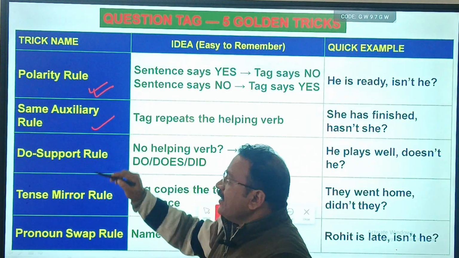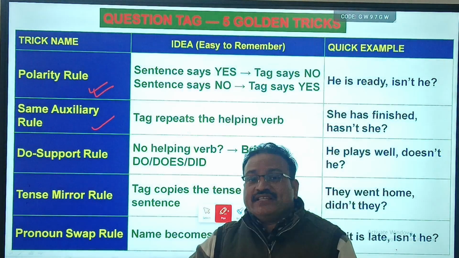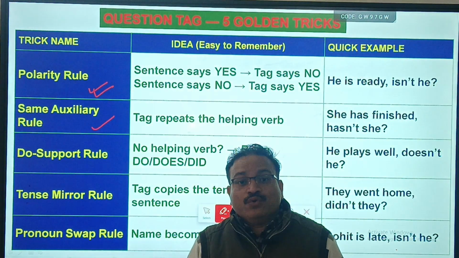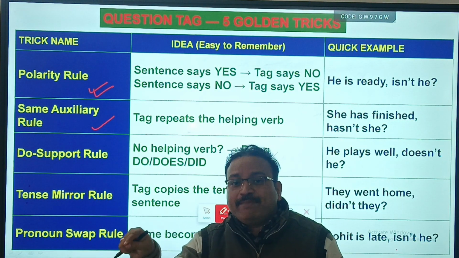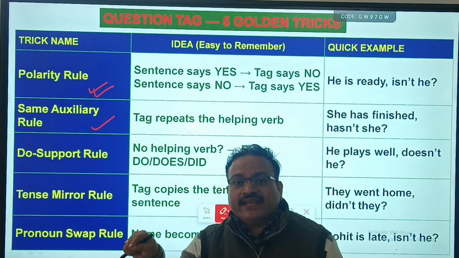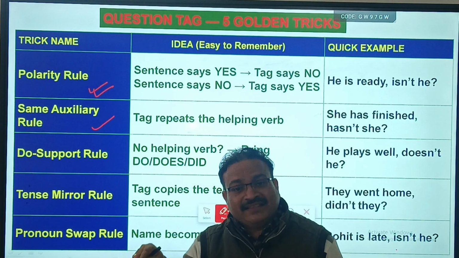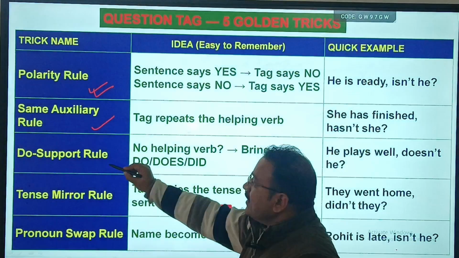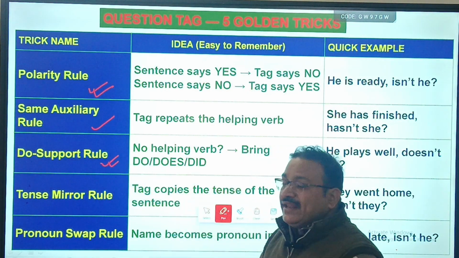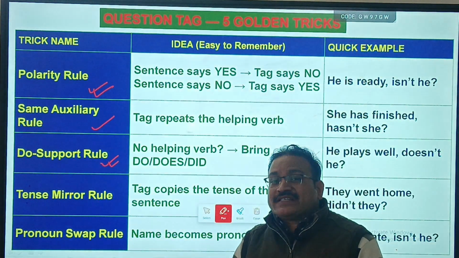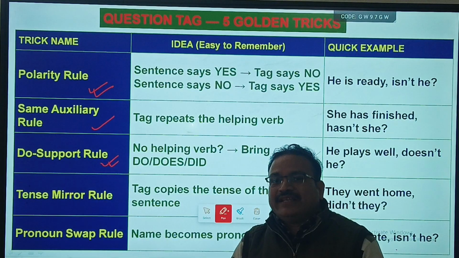Same auxiliary rule means while changing the tag, what we will do? We will use the same helping verb that has been used in the sentence. Do support rule. When helping verbs, auxiliary verbs are not visible in the sentences, then what we'll do?